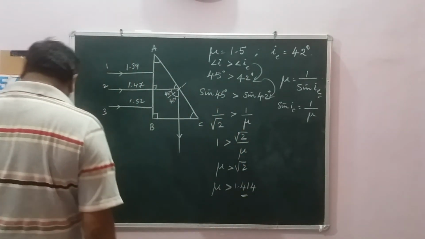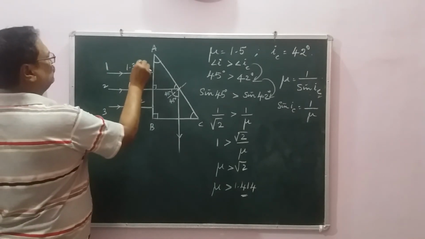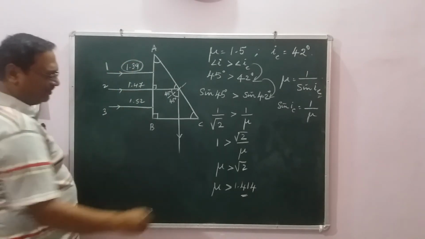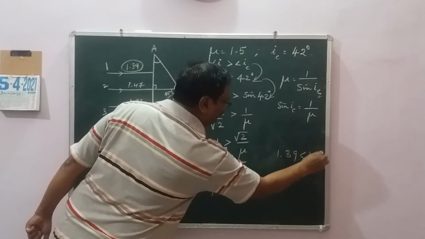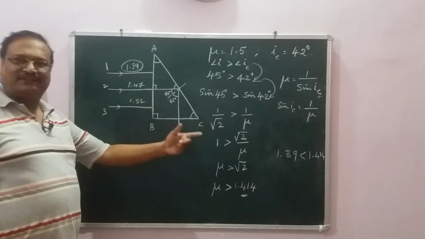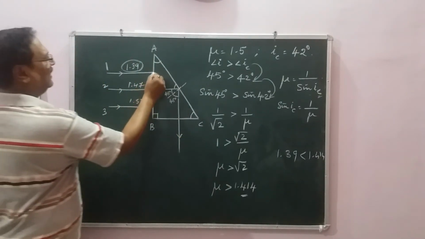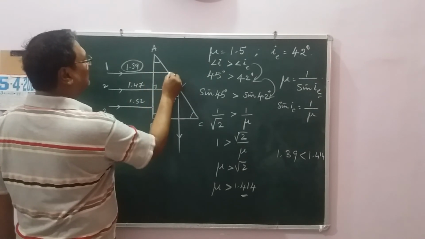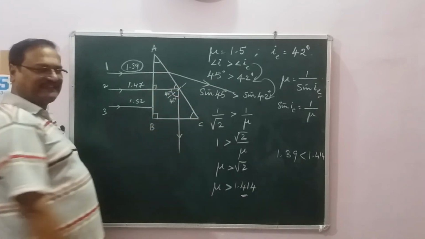Now look at this figure. The first ray is 1.39. 1.39 is less than 1.414. Will it totally internally reflect? No. So the ray will go normally and come out from the other face AC.